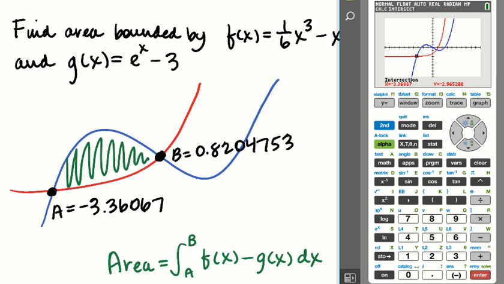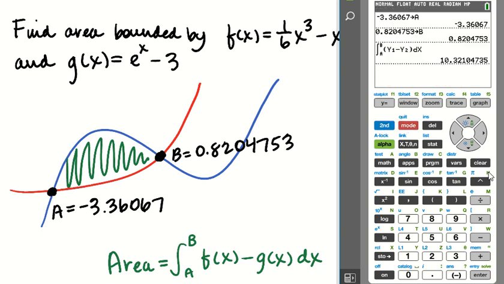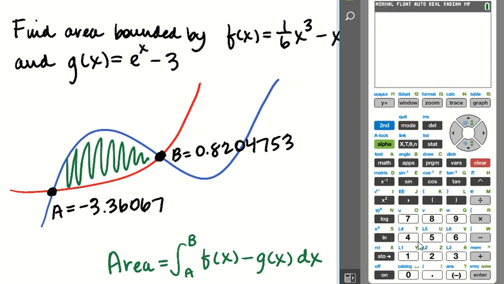Now for this one, it would probably be faster to just type it in directly. But for a lot of the area volume questions, you get these two values here, and you're going to want them for more than just one part of a question. So I'm going to show you what you should do if you need this. You're going to store -3.36067 using STO into A. And then it knows that when you say A, you mean -3.36067.